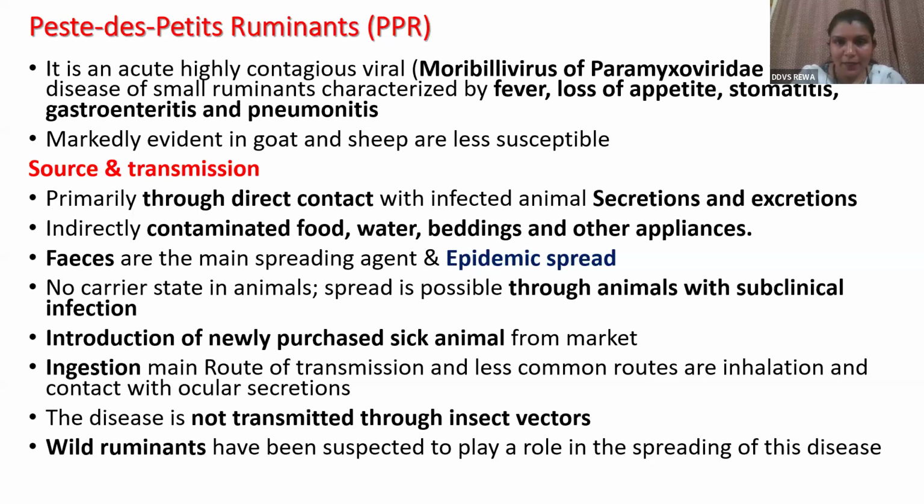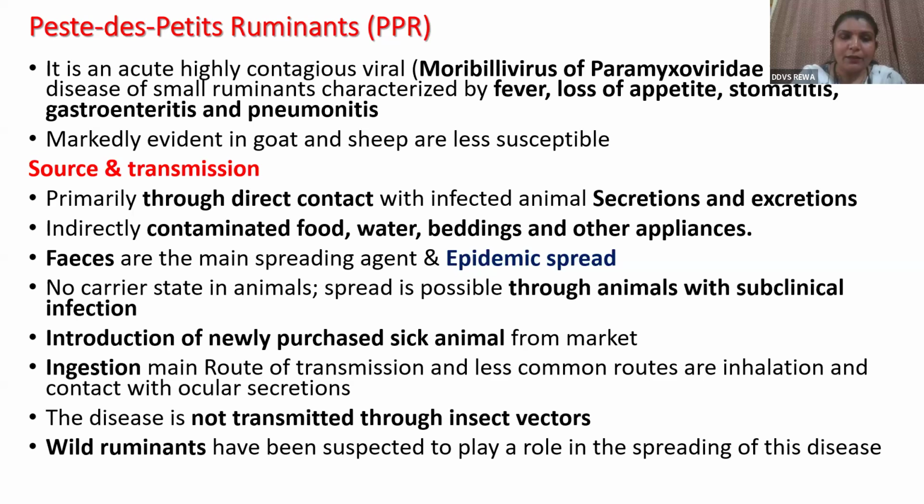In the epidemic spread, the source of infection may be considered to be the feces. And the most important point is that in this disease there is no carrier state.